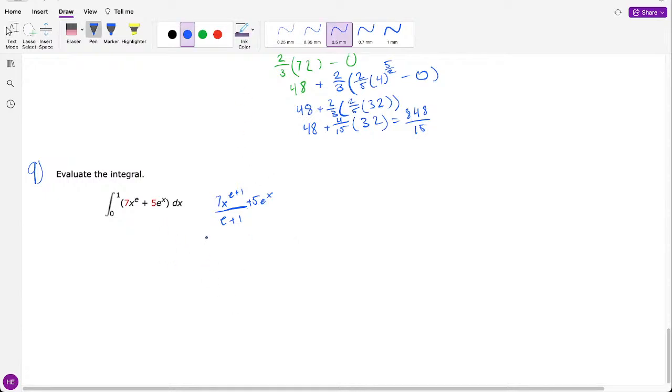So, if we plug 1 into everything, then that is going to be 7 to the e plus 1 over e plus 1 plus 5e to the 1. And then, well, minus, if we plug 0 into everything, then that's 0.